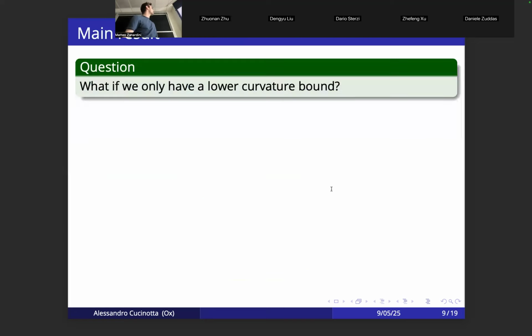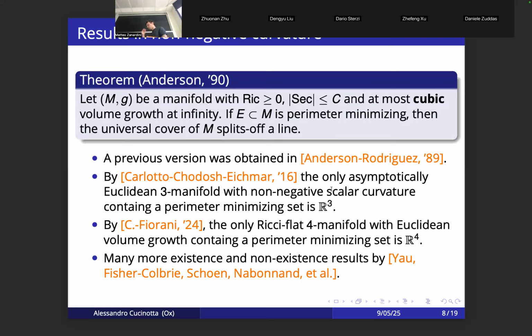Okay, so this takes us to the next question, which is more or less what you were asking. So, okay, this is also important. In all these results, there is a bound from above and from below on the curvature. In Anderson's result, sectional curvature is bounded uniformly. In Carlotto, Chodos, Eichmar, assuming that the manifold is like R3 asymptotically also implies that the curvature has to be asymptotically flat from above and from below.